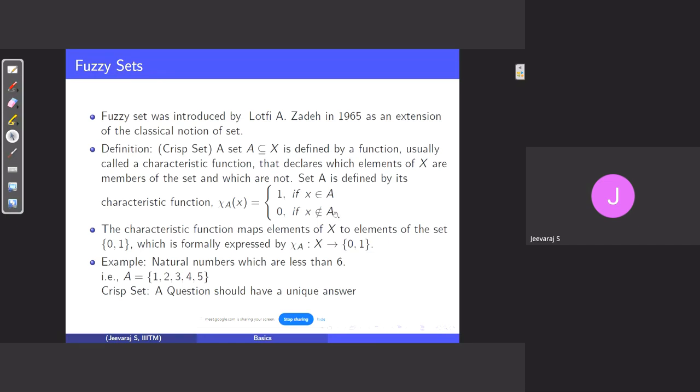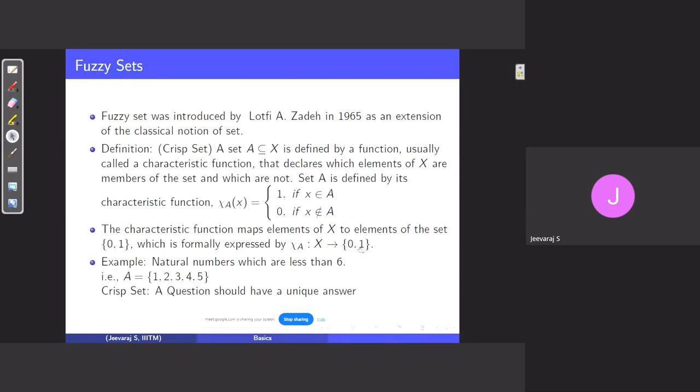So let me repeat. The characteristic function divides the entire universal set into two parts. What is the further generalization to it? It can divide the universal set into 3 parts, 4 parts, in general n parts. What would be the utmost generalization? We can divide the entire set into an infinite number of parts, right? So what do I try to say basically?